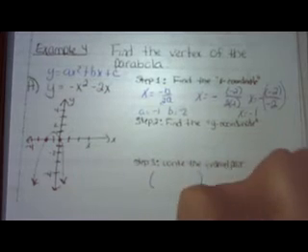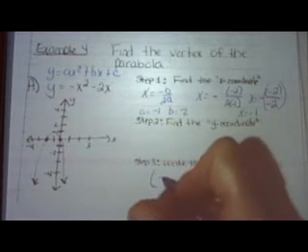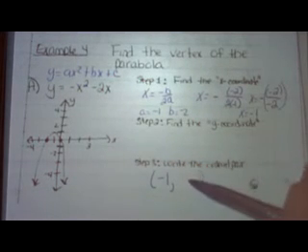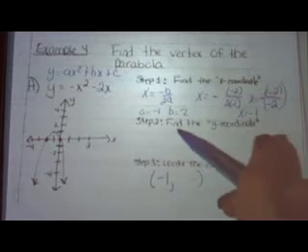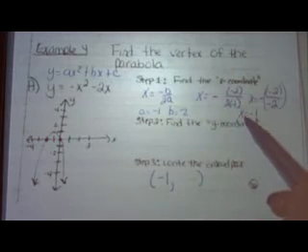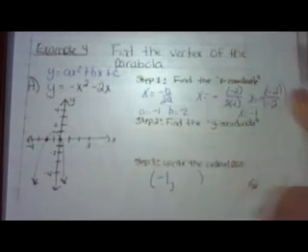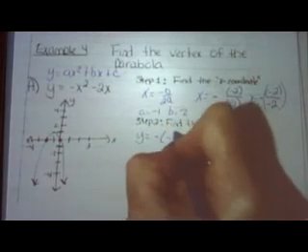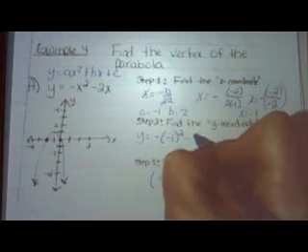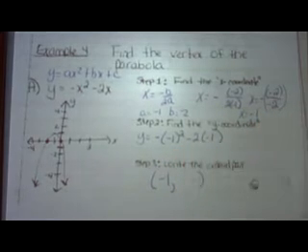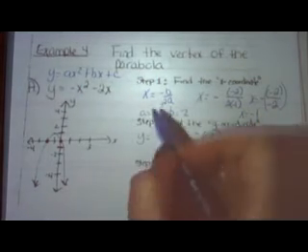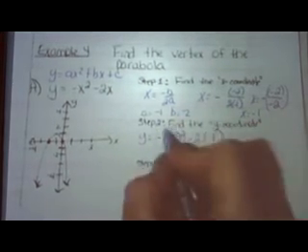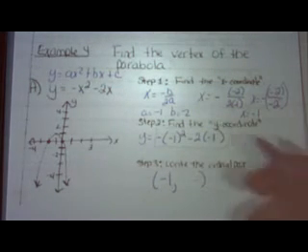So when I write the ordered pair, I know that x is negative 1. I need to find my y. Well, to find the y, I can plug the x value into the function. So I'm going to have y equals negative 1 squared minus 2 times negative 1. If you want, you can put just this right here into your calculator or write it out.